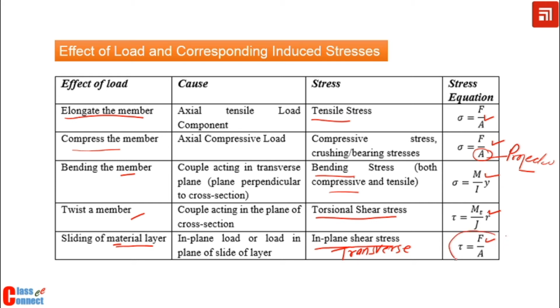This will be the average transverse shear stress, and we can find out the maximum transverse shear stress, but the magnitude of transverse shear stress is very low as compared to the other stresses. That is why generally in design the transverse shear stresses are neglected, because transverse load also induces bending, and the bending stresses are much larger in magnitude as compared to the transverse shear stress.